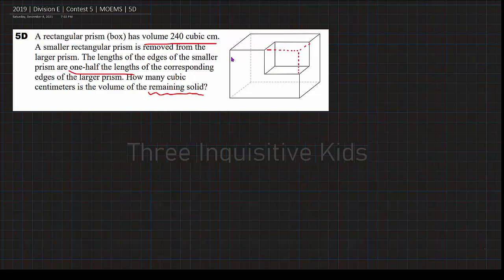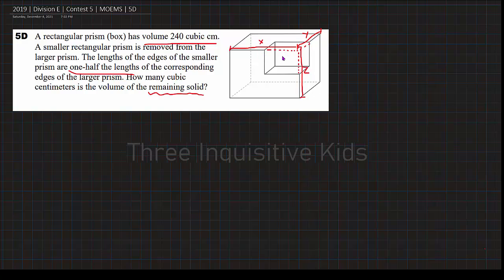So this whole length over here, I'm talking about this whole length, we can set that as x. And we'll set this as y, and we'll set this height over here as z.